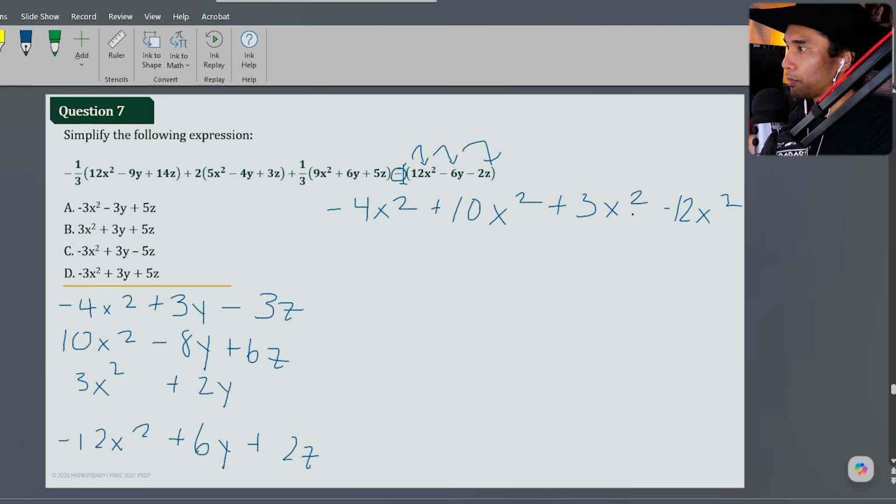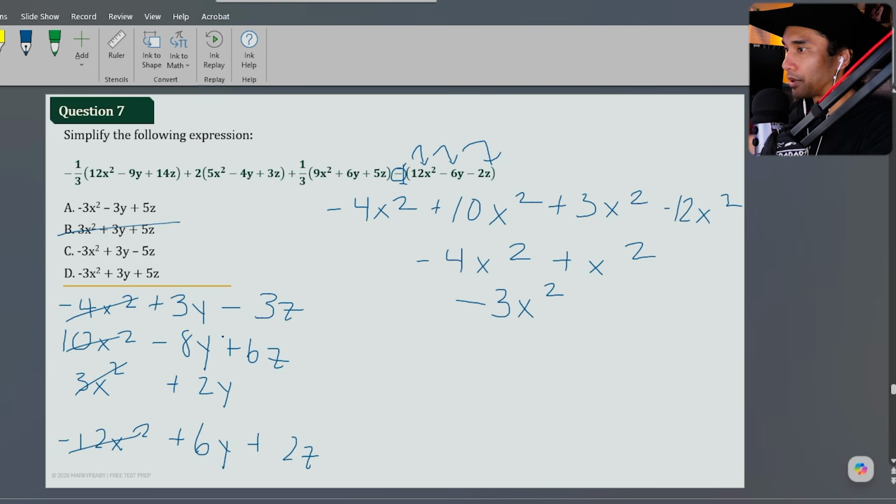I have two positive ones right here. 10x squared plus 3x squared equals 13x squared. Well, if we minus 12x squared, that gives us just x squared. And then negative 4x squared plus x squared, well, just go down the line by one negative, and that gives us negative 3x squared. And we could eliminate b because that's positive. So I'm just going to cross these out.